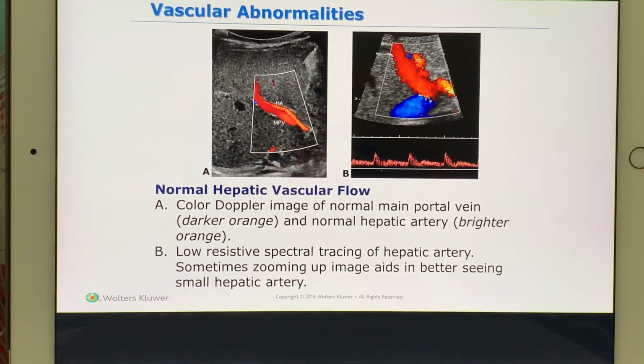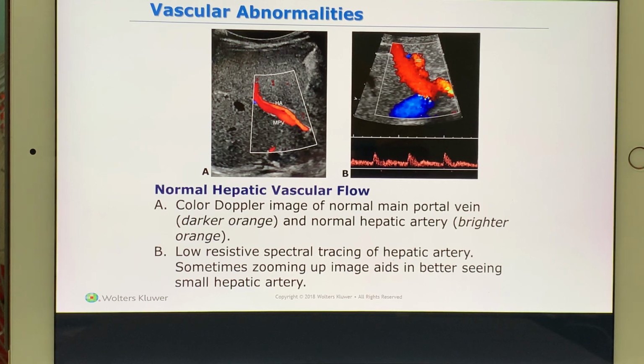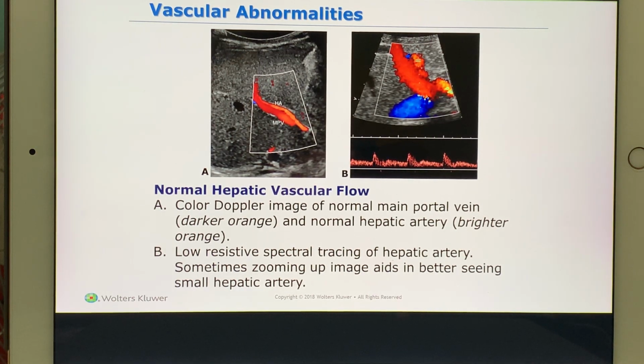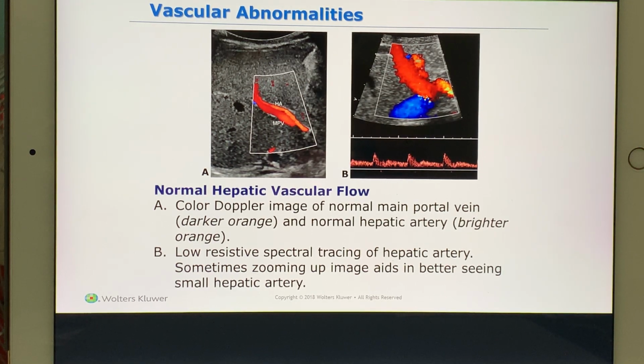Here you see on A that you have a portal vein that is the darker orange, and then you have the hepatic artery that lays on top of that. This color image is important because what else is up there is a hepatic duct and a common bile duct.